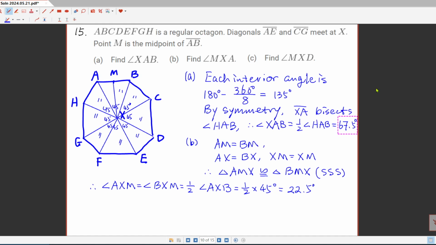Okay, then let's have a look at question C. We need to find angle MXD. We know angle MXD equals angle MXB plus angle BXC plus angle CXD, right?